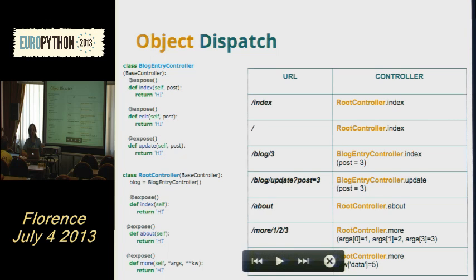If I do blog update, it's going to be dispatched to my blog entry controller's update method, because the first part of the URL is blog, which dispatches to the blog controller, and the second part is update, which dispatches to the update method. Okay?